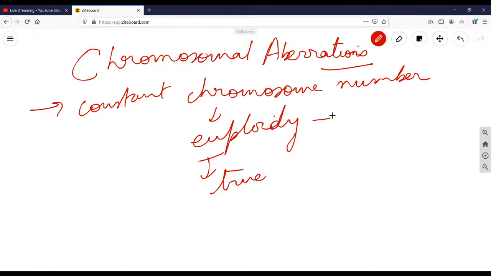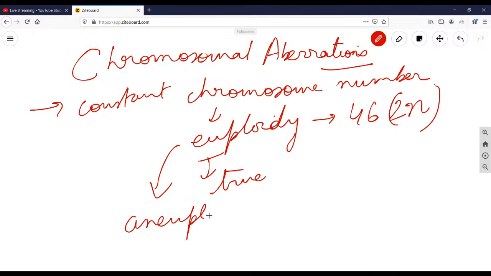So the true ploidy for humans is 46 chromosomes at the diploid stage, right? But we can deviate from euploidy due to a specific phenomenon known as aneuploidy, where you will not be containing 46 chromosomes; you may contain fewer or more.